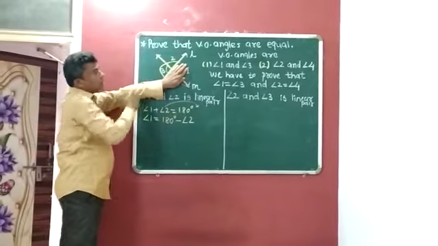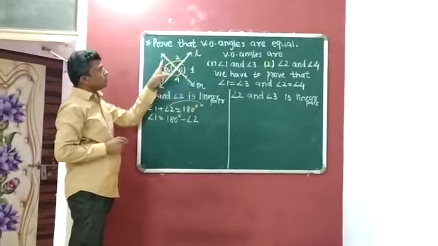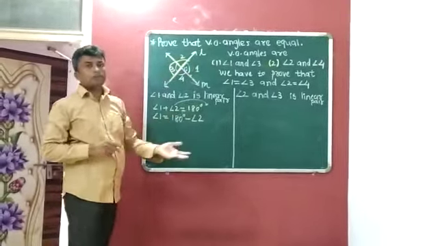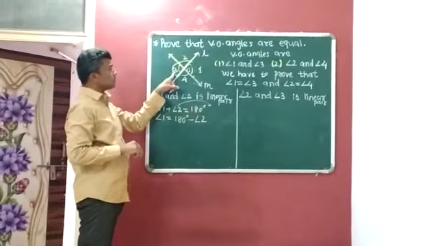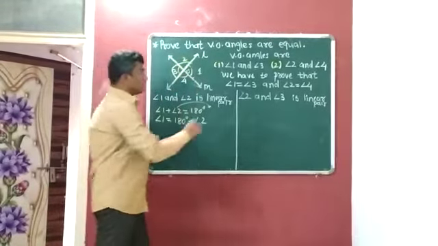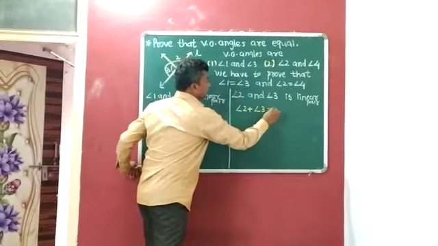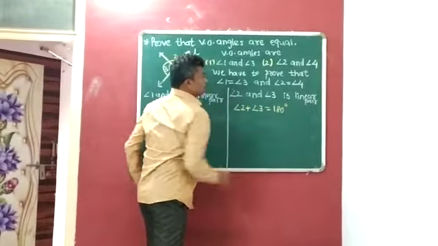And we know that the sum of measures of a linear pair is 180 degrees. So angle 2 plus angle 3 is equal to 180 degrees.